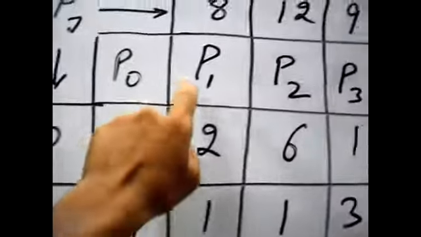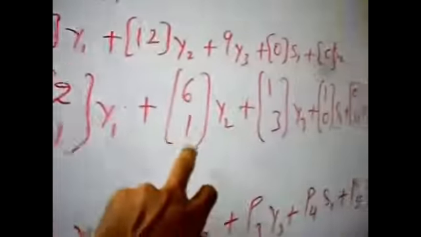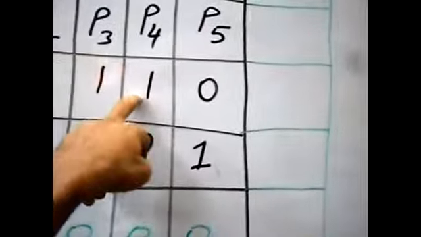Now we will write these column matrices: p1 is 2 1, p2 is 6 1, p3 is 1 3, p4 is 1 0, p5 is 0 1.